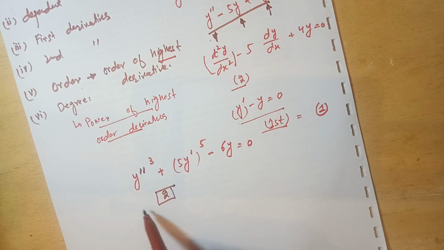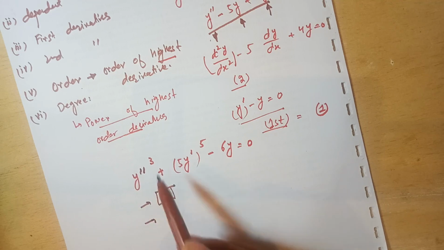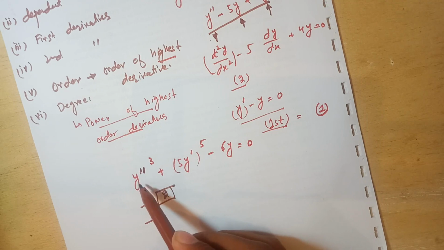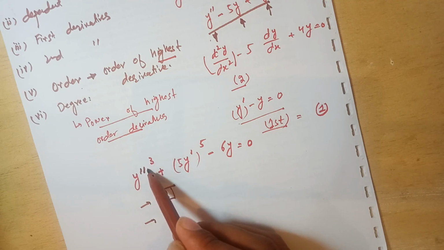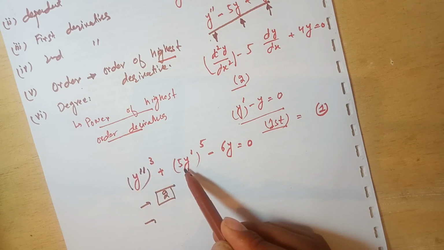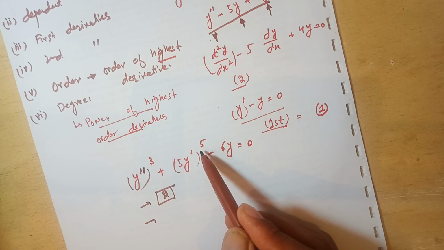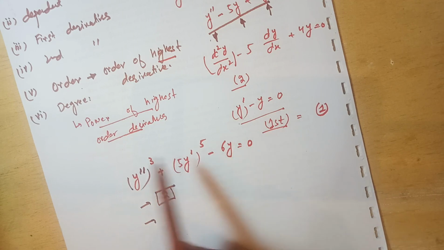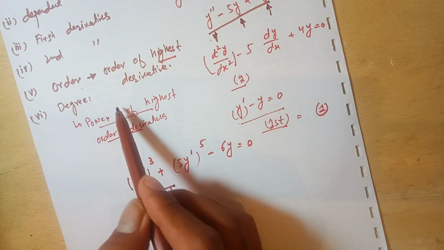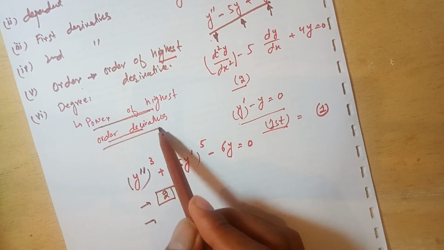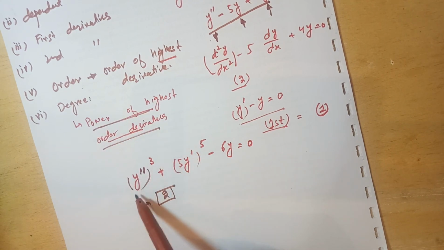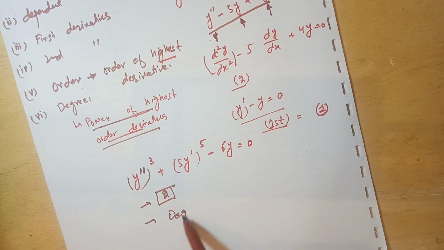Now what is the degree of this differential equation? Here the power of the highest derivative is 3, and the power of the first derivative is 5. If you look at the definition, the degree is basically the power of the highest derivative. My highest derivative is the second and its power is 3. So the degree of this differential equation is 3.